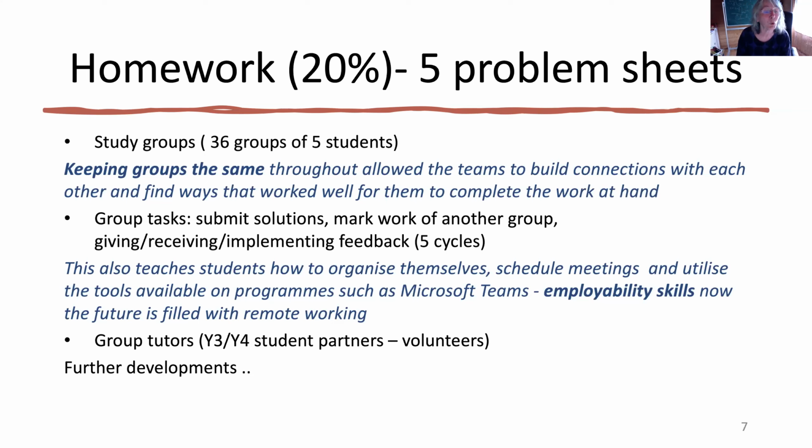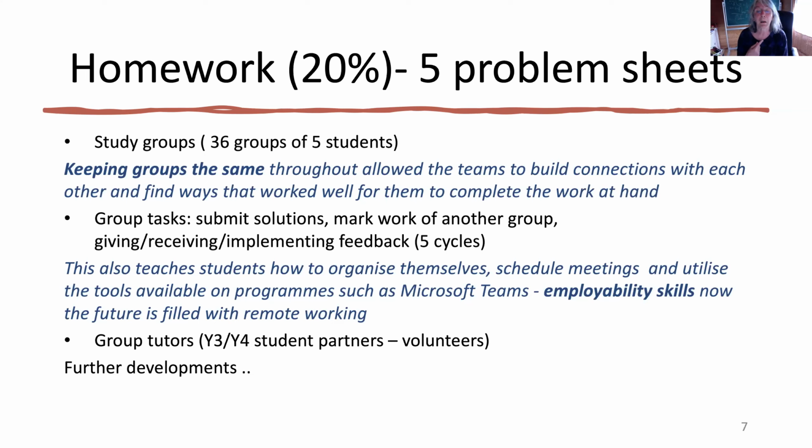And so what these groups were doing. As I mentioned, there were 5 problem sheets. So the tasks were group tasks. They would need to submit solutions for the group by the given deadline. They were, as I said, a multiple of 5, so 5 people. They would need to negotiate who is the submission lead for each piece of work.